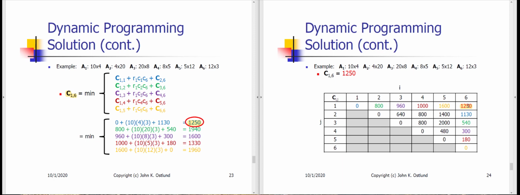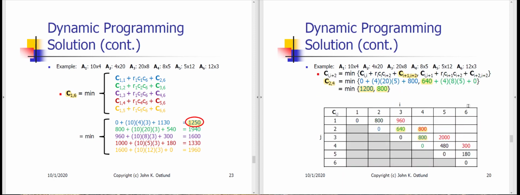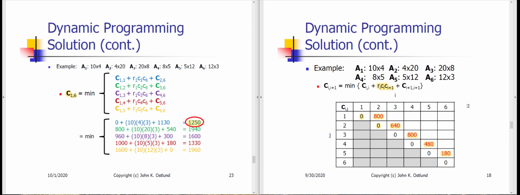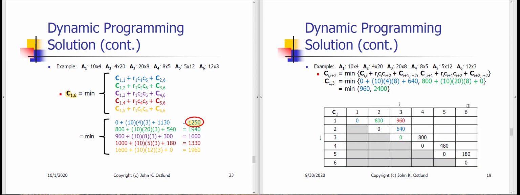Now, you may recollect that for this example here, where we're looking at C13, that is, I was computing the product of A1 times A2 times A3, and it was pretty easy to deduce from these two computations that we had to do that the lowest cost computation involved using A1 last.